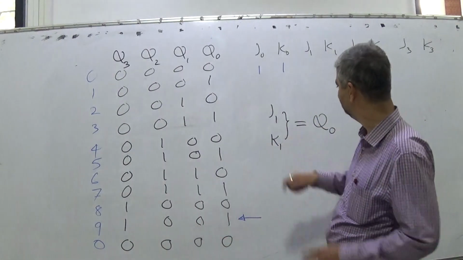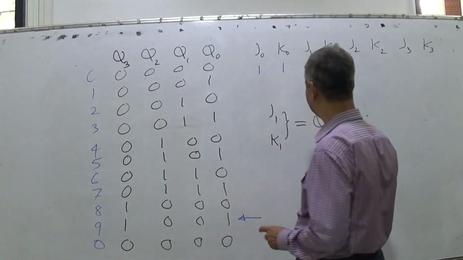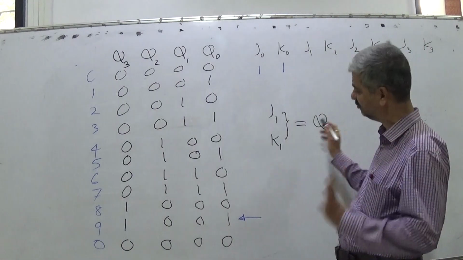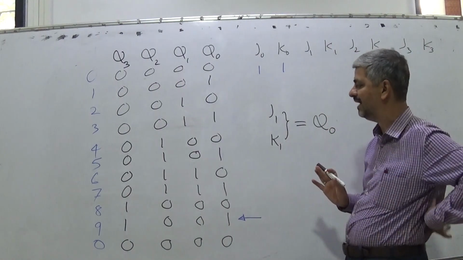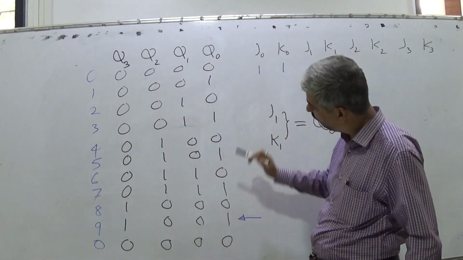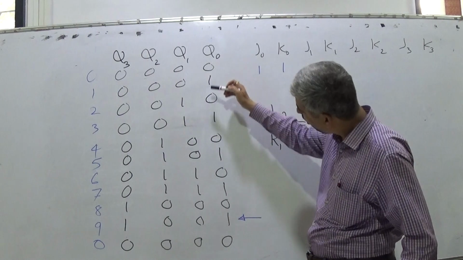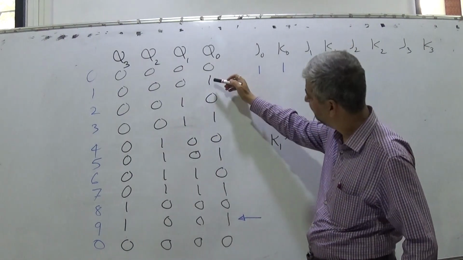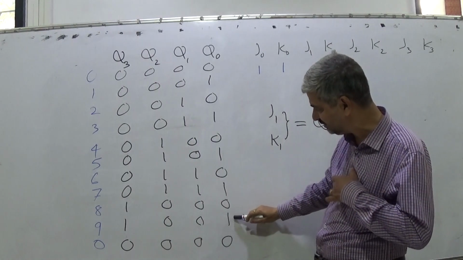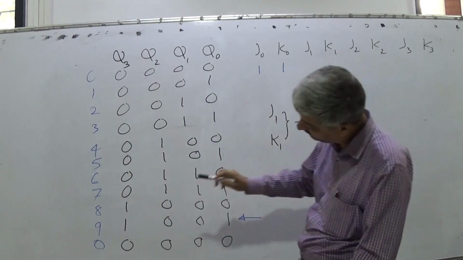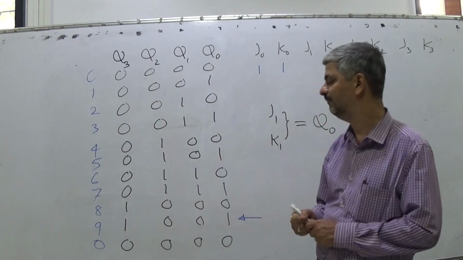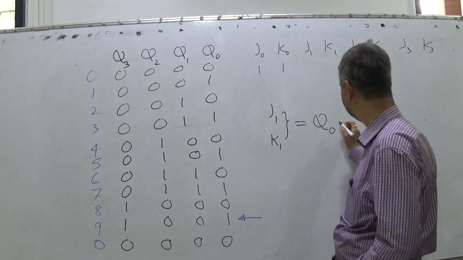So J1, K1 should be Q0. When Q0 is 0, they should be 0. When Q0 is 1, it should be 1 in all cases, since toggling is expected. But when Q0 is 1 and these are 1 0 0, for this case it should be 0.